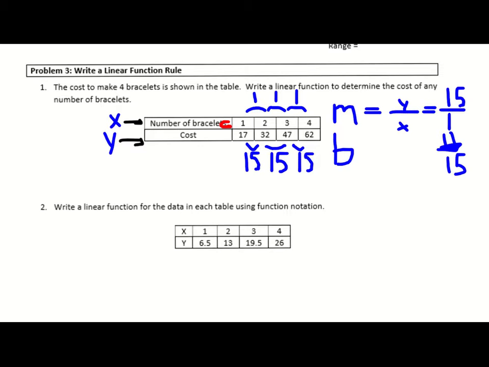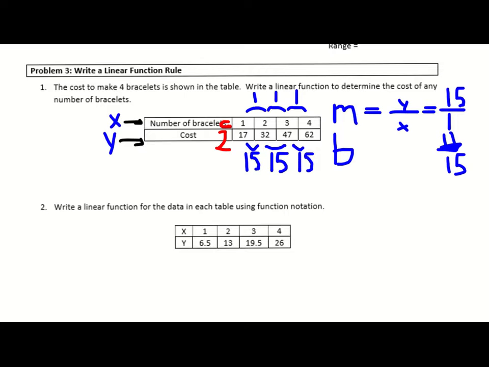The change was always 1s in the x's. We subtract 1, so we have to change that way with the cost. Since we're going backwards, I'm not going to add 15 to 17. That would tell me my amount for 2 bracelets. I need to subtract and find that when I sold 0 bracelets, $2 is where we were at for the cost.